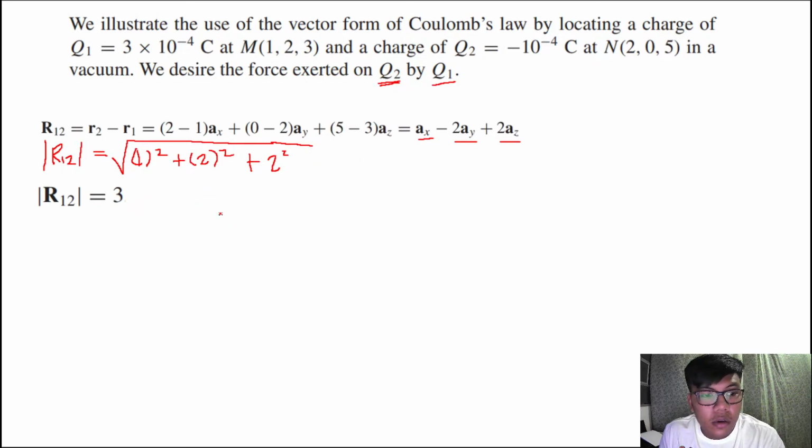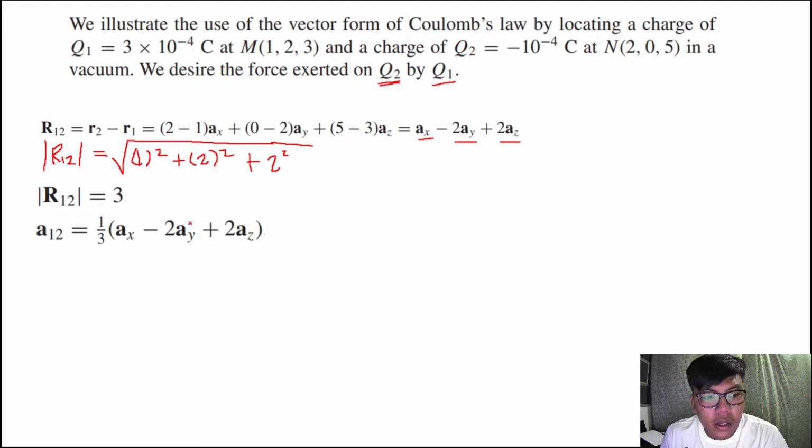Ngayon, yung ating hinahanap na unit vector is from 1 to 2. Okay, teka lang. So, we have now the unit vector. We need to get the unit vector. So, pansinin, ano?